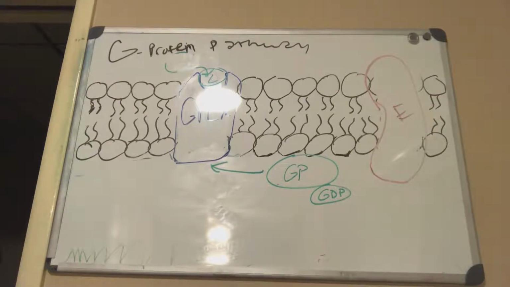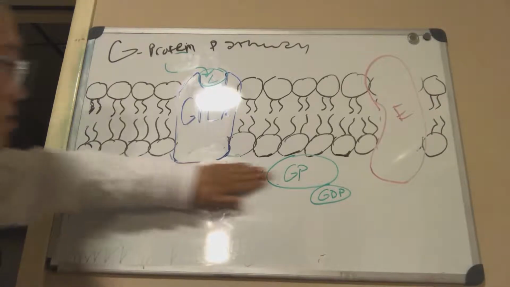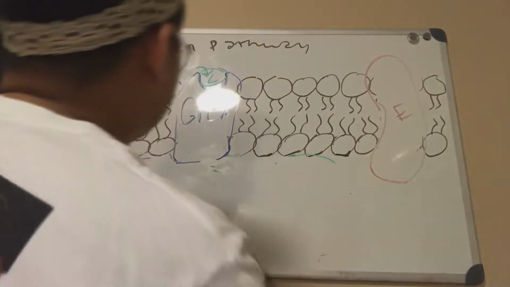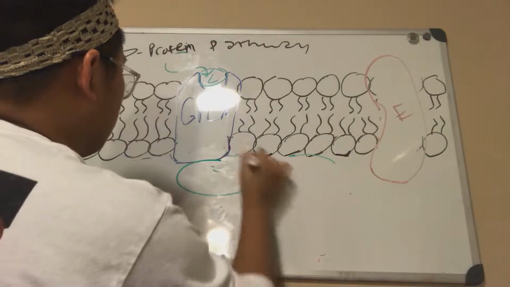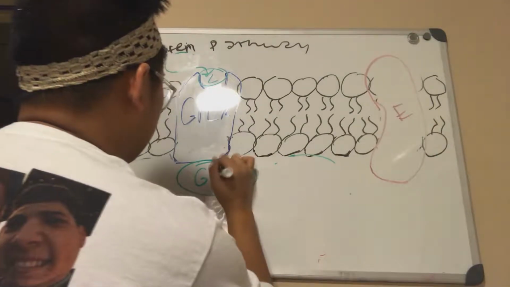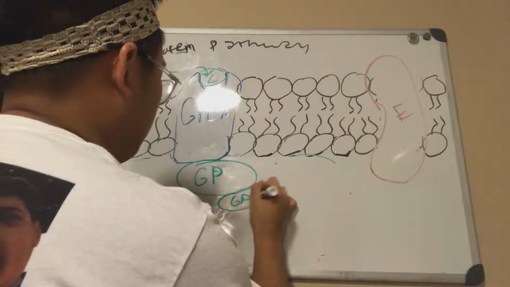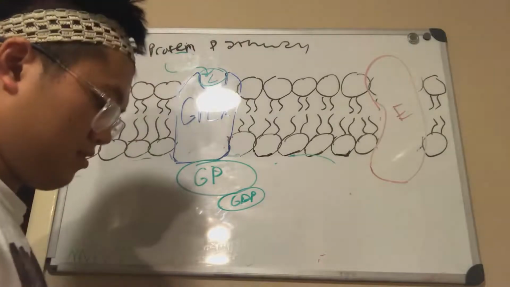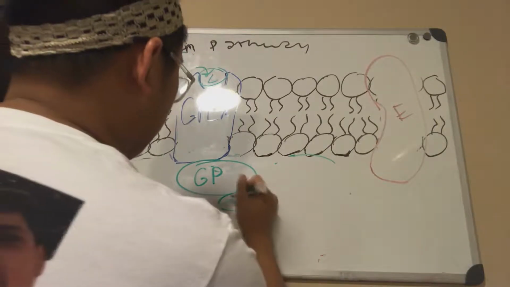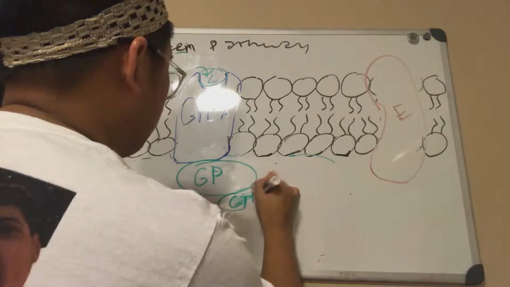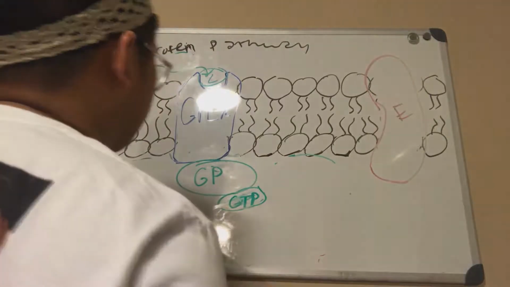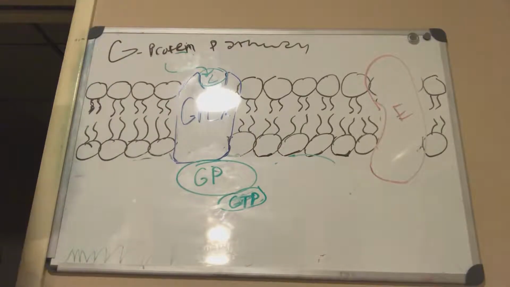So once the G protein attaches to the receptor, the GDP that was here gets phosphorylated to GTP because of the shape change of the receptor, and that makes the G protein active, whereas when it had GDP it was inactive.